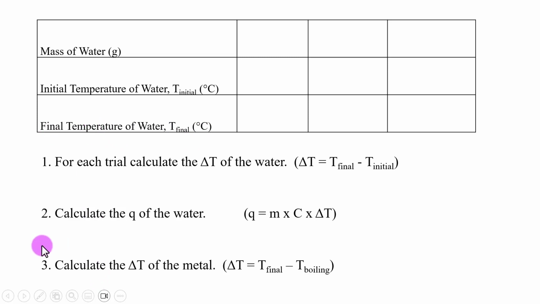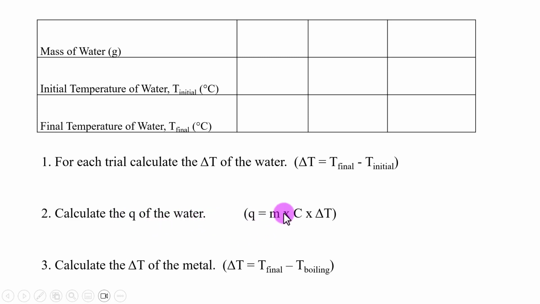For part 2, it asks you to calculate the heat of the water, the heat that the water absorbs. Metal starts out high and it loses temperature, therefore it loses heat. That heat is absorbed by the water in the calorimeter, and that's what we're figuring out.